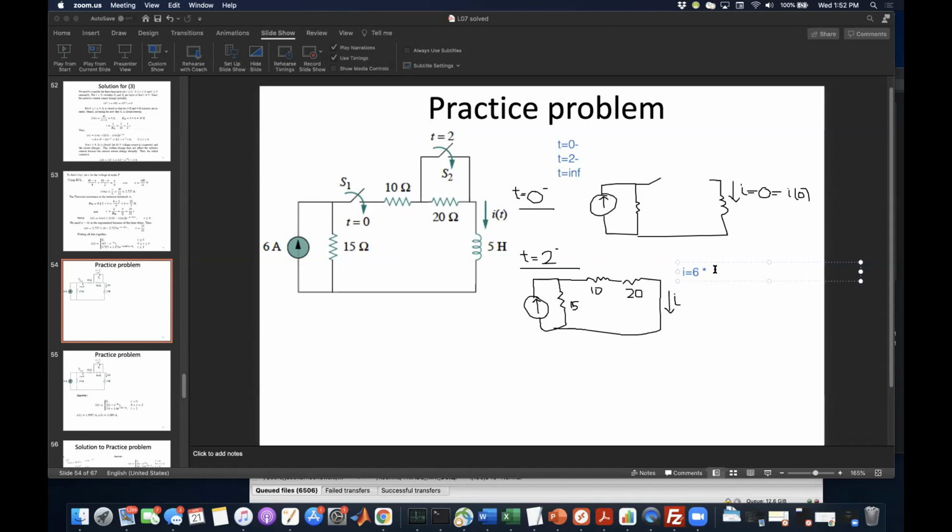Two. 2, and how did you get the 2? What was in the numerator and denominator of your fraction? 15 over 30. Excellent. That's it, 15 over 15 plus 30.